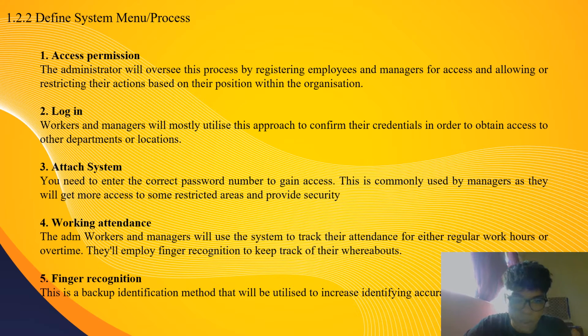Login: workers and managers will mostly utilize this approach to confirm their credentials in order to obtain access to other departments or locations. Attach system: you need to enter the correct password number to gain access. This is commonly used by managers as they will get more access to some restricted areas and provide security.